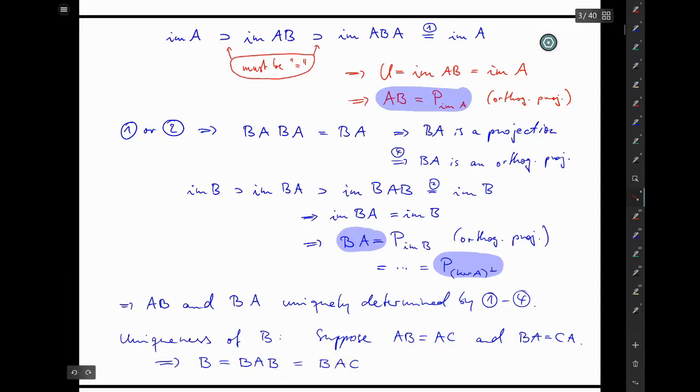Okay, and then you do the same here. So BA is just CA. And if C is doing the same job as B, then it's also subject to condition 2 in place of B. So we must have equality to C here, but then you see that B and C must be the same, so indeed we have uniqueness of B.